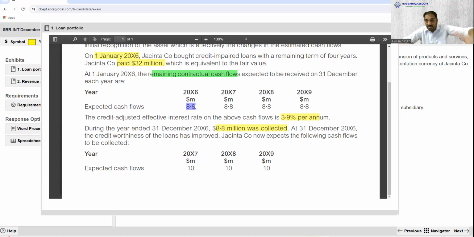But by 31st December X6, the creditworthiness has improved and there is more to receive. This is the case of reversal of impairment. Further impairment may also be possible, but here it is a reversal. So before reporting this financial asset at 31st December X6, we need to reconsider the reversal of this impairment.